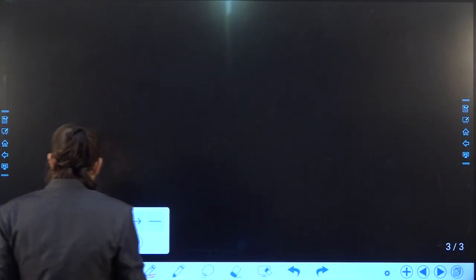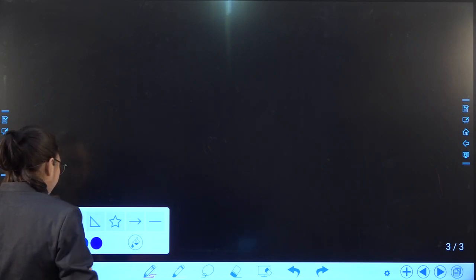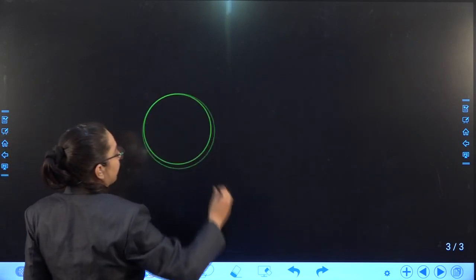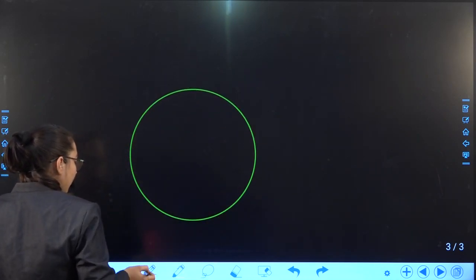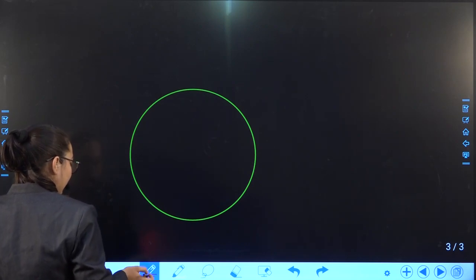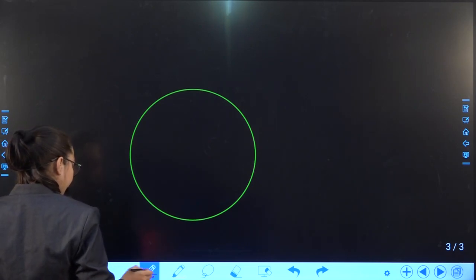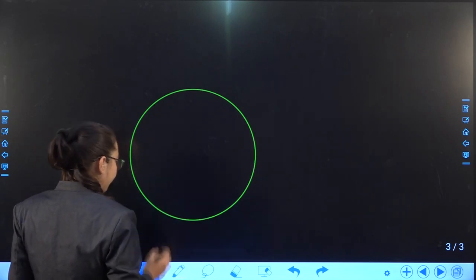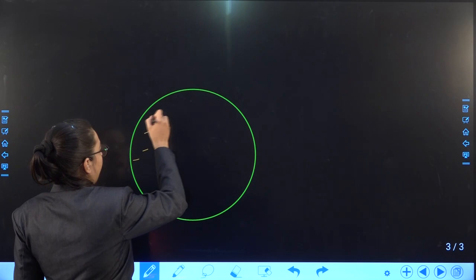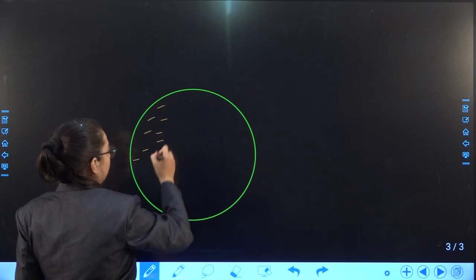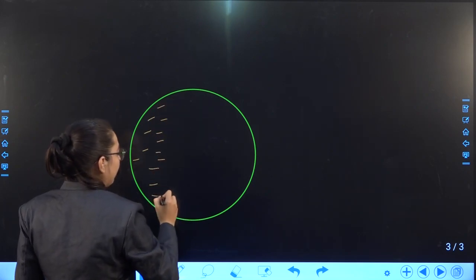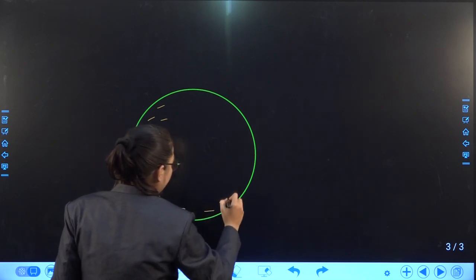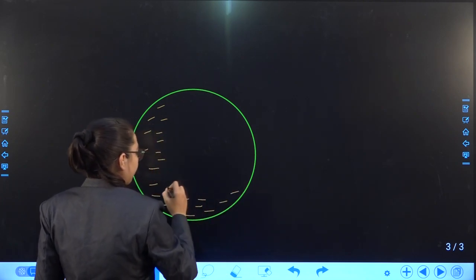He stated that in any particular atom, the electrons are uniformly spread. Everywhere there is the negative charge that is uniformly spread.